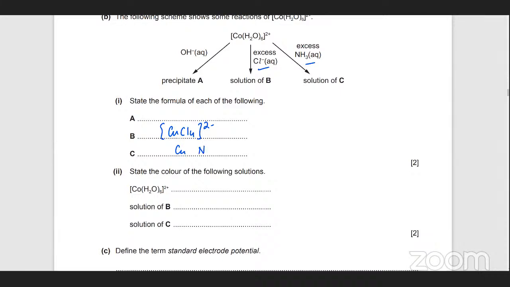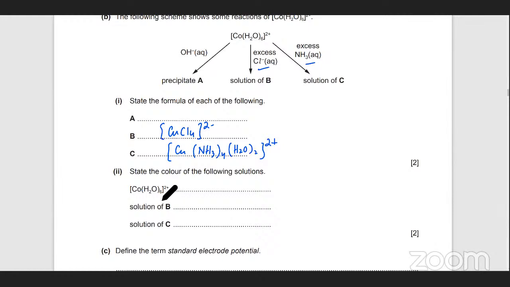You could have all of them getting surrounded by NH3s, or you can have 4 of the water molecules getting substituted by NH3. Leave 2 water molecules there, and the whole thing would have a charge. The complex ion would have a charge of 2 plus. The reason why we are leaving some of the water molecules is it's aqueous. So इसलिए I'm leaving some of the water molecules there.